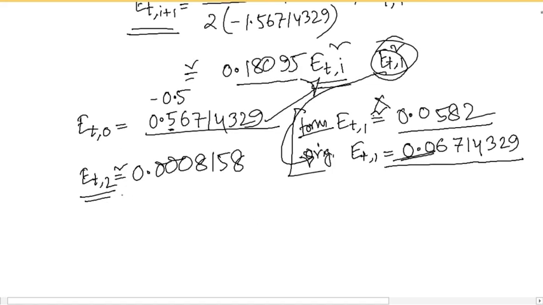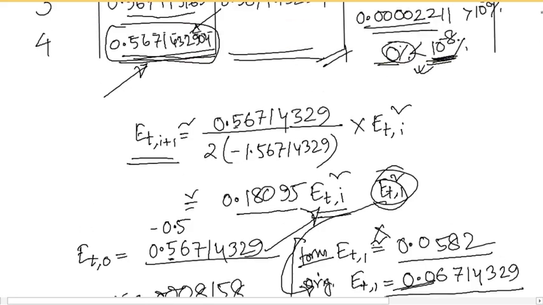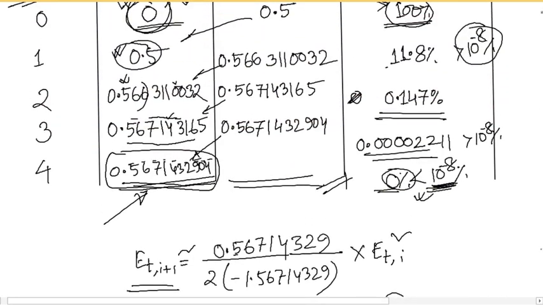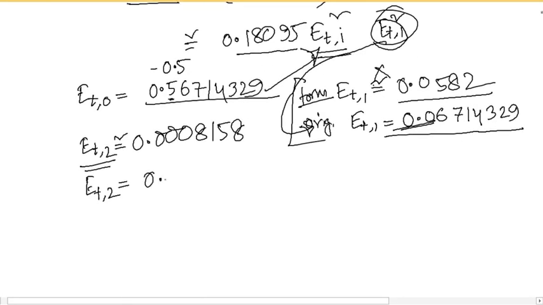And if you calculate the original true error in the second step, the true root was 0.56714329 minus 0.5663110032, and our error was 0.00083286.